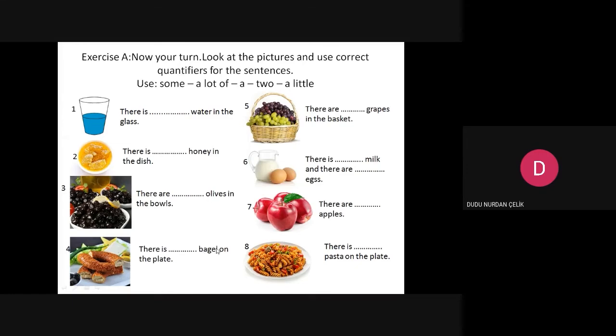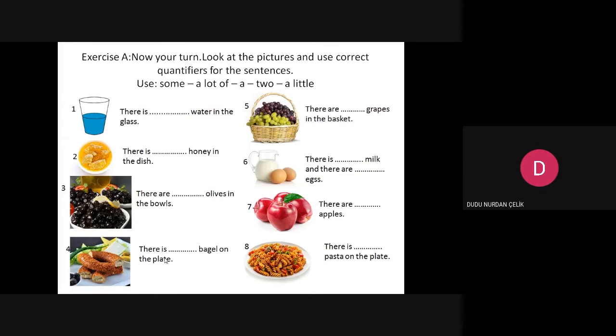Here, look at this noun, bagel. It's singular. So we use a bagel. If it was plural like bagels, we should say there are two bagels on the plate, but this is singular, so we say there is a bagel on the plate.